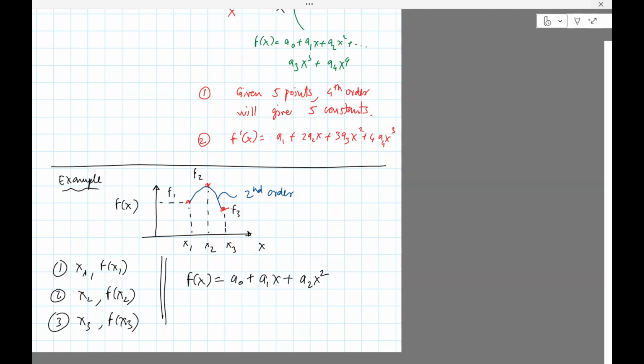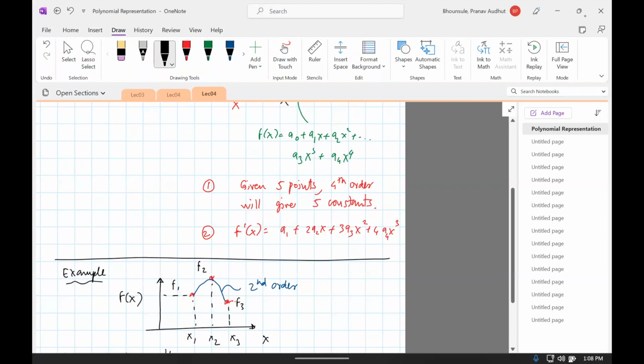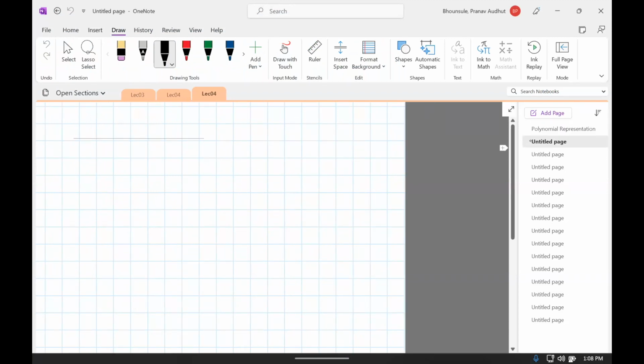Once we have this equation, what we'll do is we'll substitute in the values of x and f of x into the equation. That would give us 3 equations.